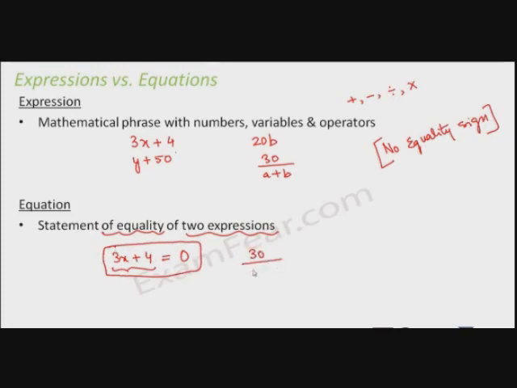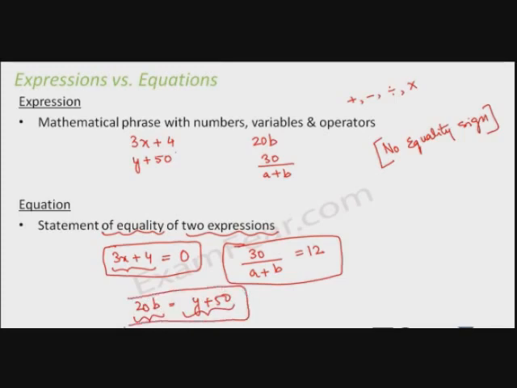Similarly, 30 divided by a plus b is equal to 12 is overall an equation. 20b is equal to y plus 50. You see in the previous example this was an expression and this was an expression, but when we equate the two of them with an equality sign, it becomes an equation.